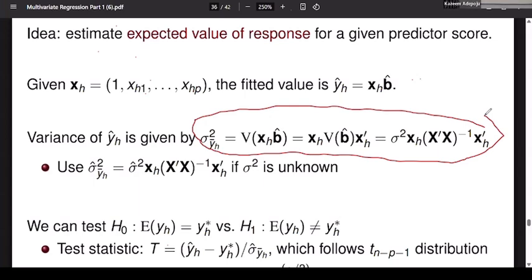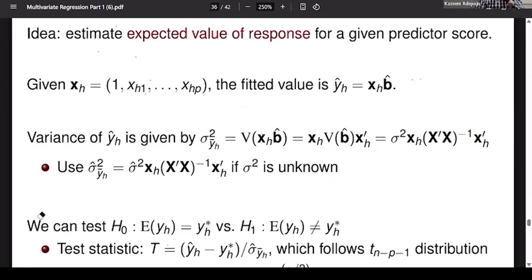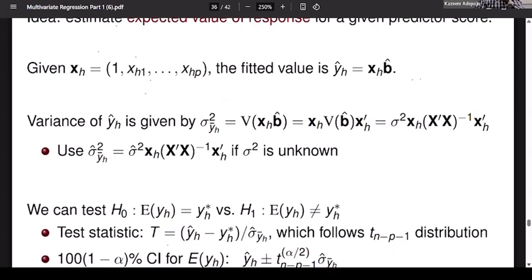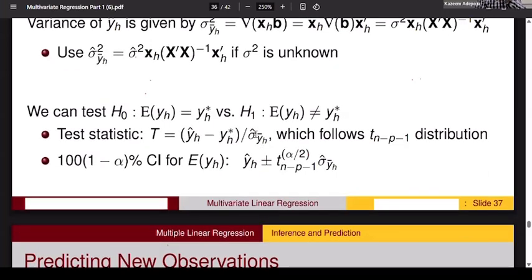If I want to construct a confidence interval, I'm going to use that standard error. If I also want to test a hypothesis, I'm going to use it. That is exactly what I'm referring to here. Now, let me write the confidence interval formula out so that you see the connection.